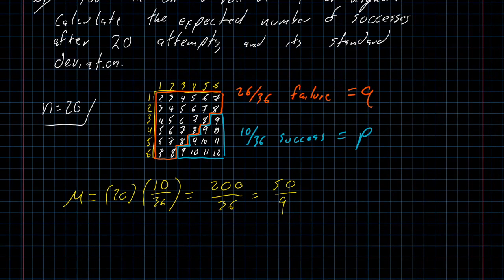Or we could write it as a decimal number, 5.56. But again, there is no way to get a fractional number of successes. There are 20 trials, and each trial is either a success or a failure, never a fraction in between.